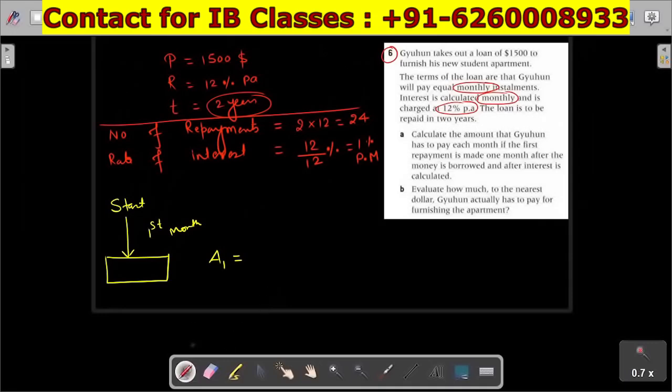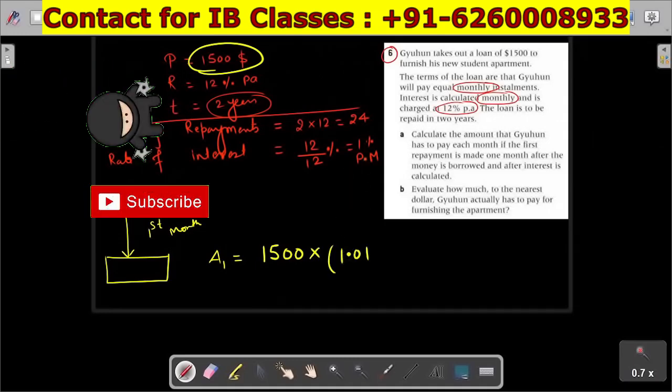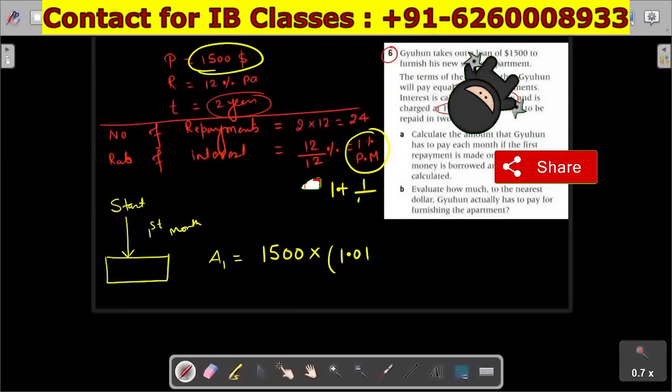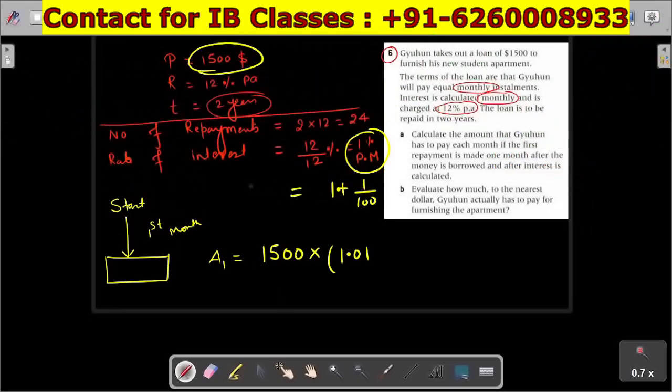Initially my total loan was 1500. I have to pay the interest on this as well. So how much in total is due? 1500 into 1.01. The factor for this 1% will be 1 plus 1 upon 100, that is 1.01. This will give me the total due amount after the first month and before the payment, right?